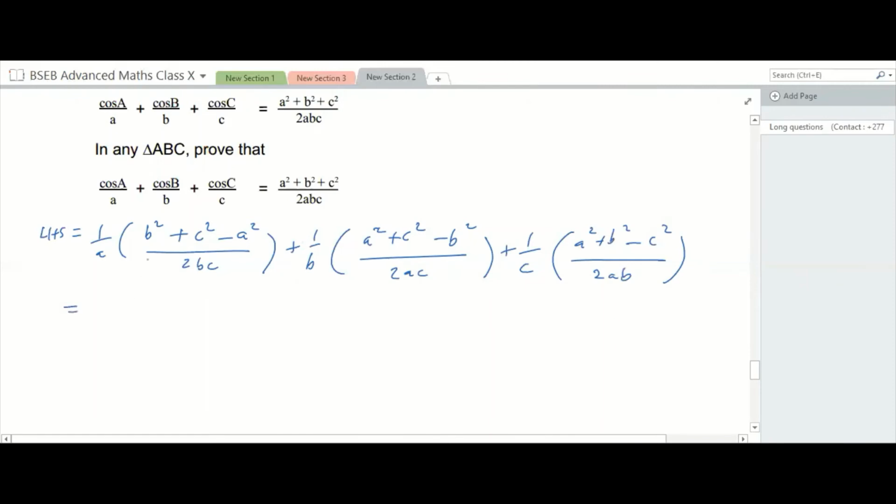What we can see now in the denominator is we have 2bca, 2abc, 2abc, 2abc. So same denominator throughout.